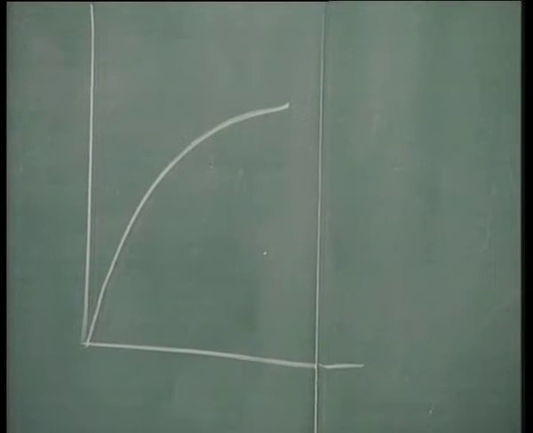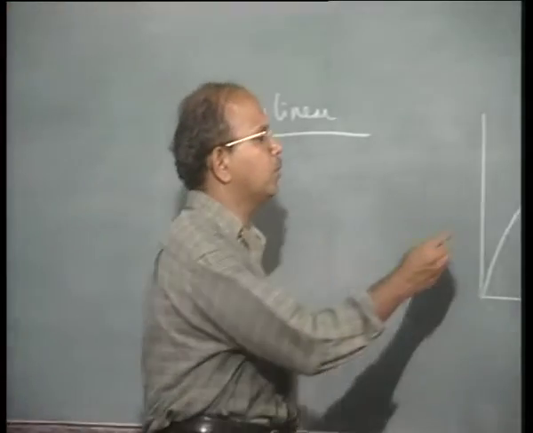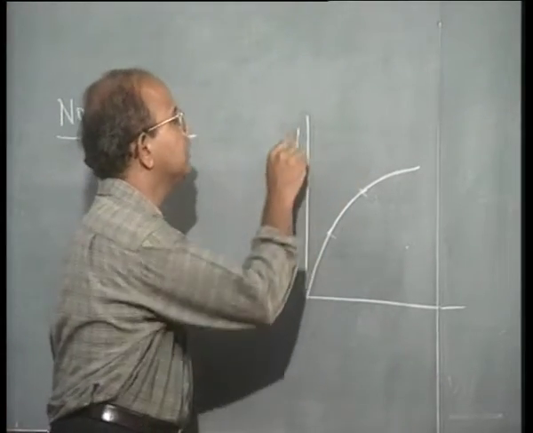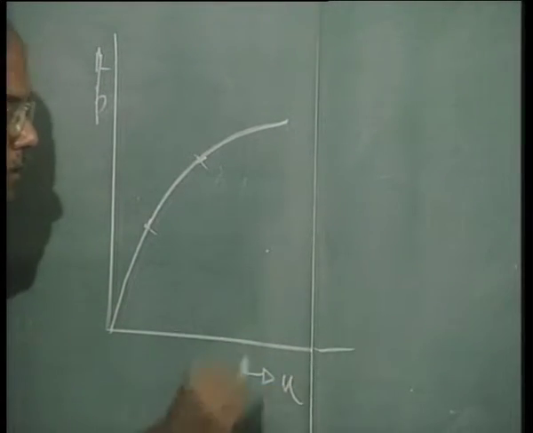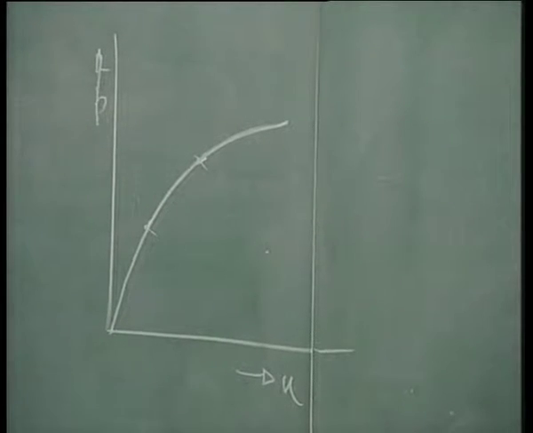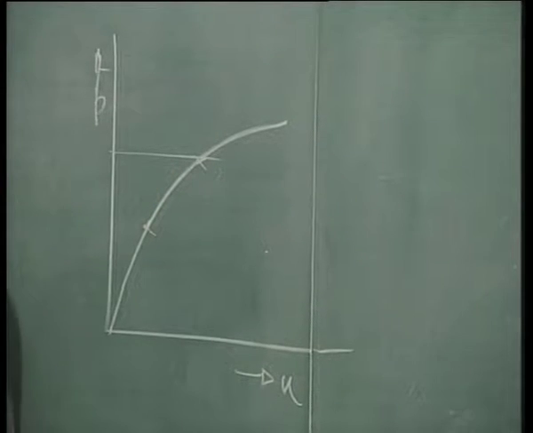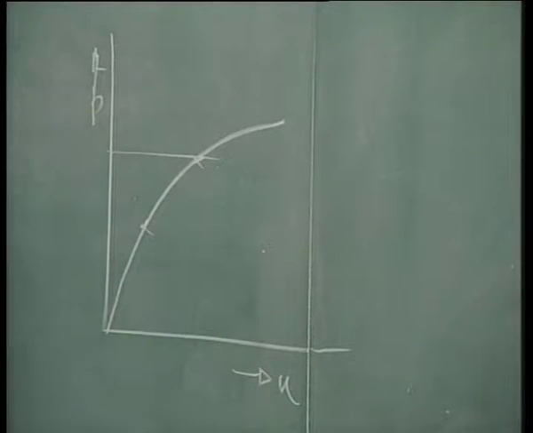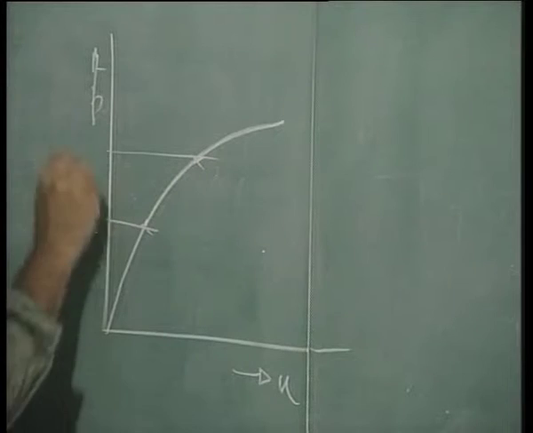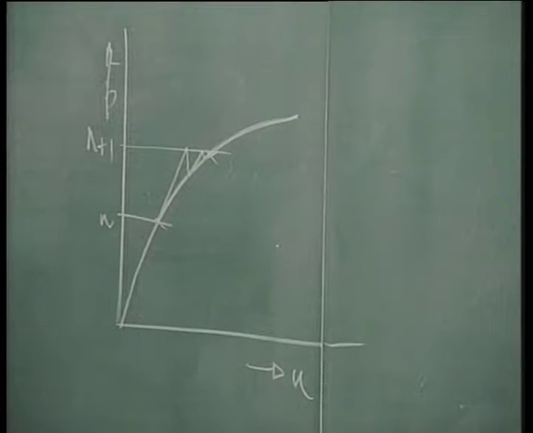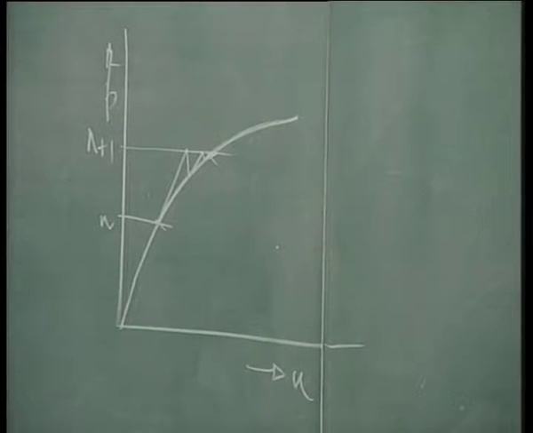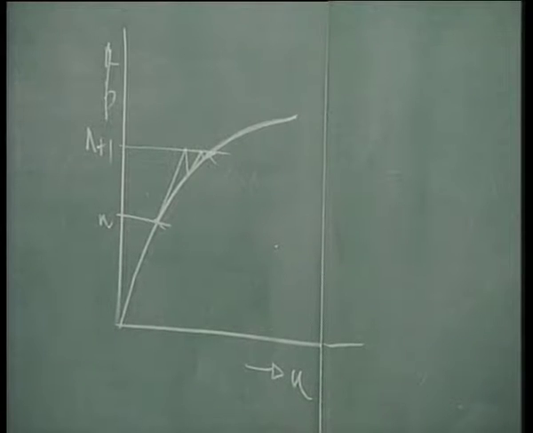So if you want to go from one position to the other, this is the load that I want to achieve for a particular step, a particular increment. Then I said that from the previous increment n, when I go to n plus 1, I do an iterative procedure in order to reach that point, until convergence takes place.